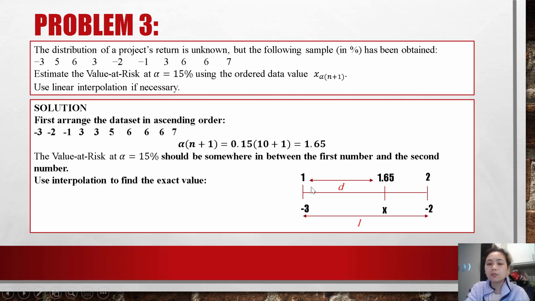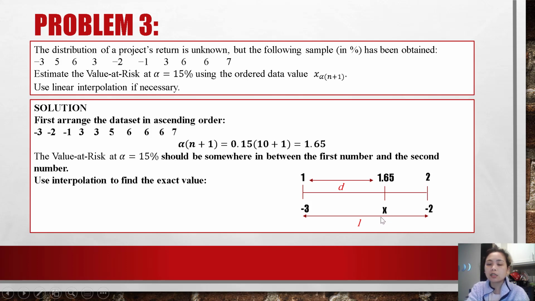The first number in the data set is -3. You see it? This is the first number in ascending order. And the second number is -2. So I mark -3 under 1 and -2 under 2, because -3 is the first number and -2 is the second number in the data set.